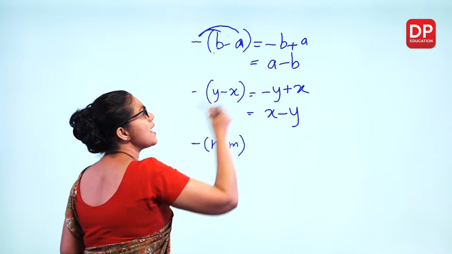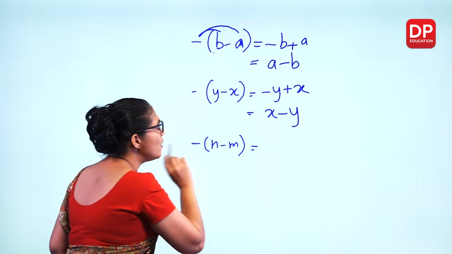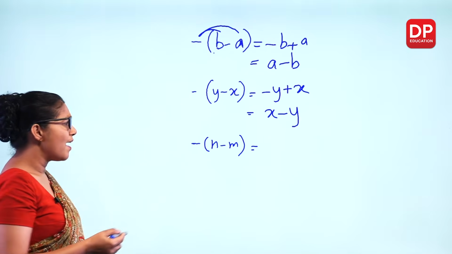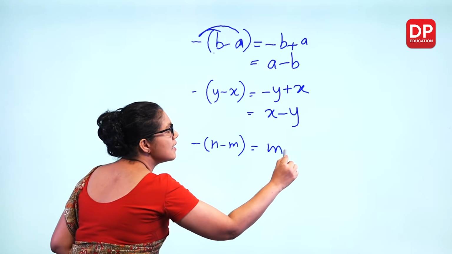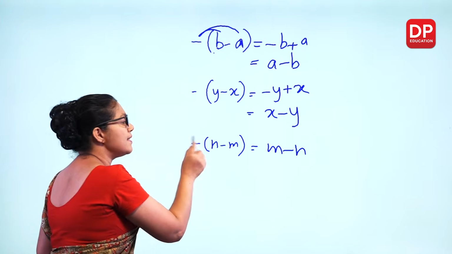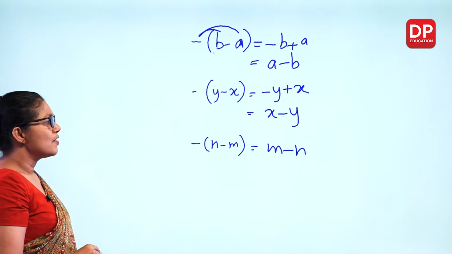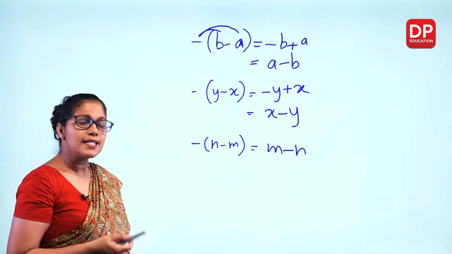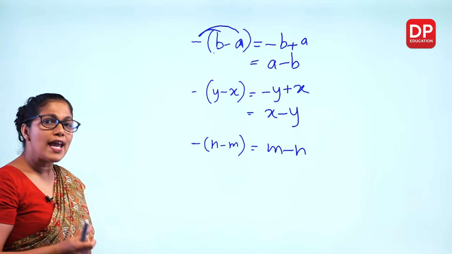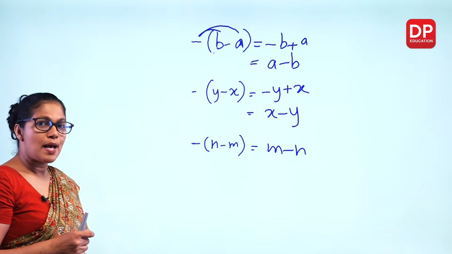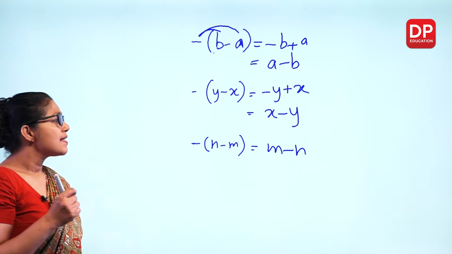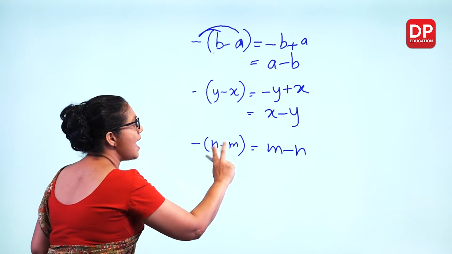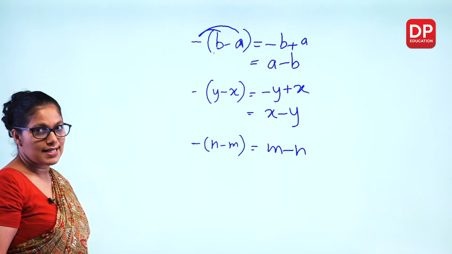Positive a minus b. Now by looking at this, what can I write? I can write m first and then n, and this becomes positive. So when you get any negative expression, you can change the letters by taking another minus sign. So the sign changes here and we are switching the letters.